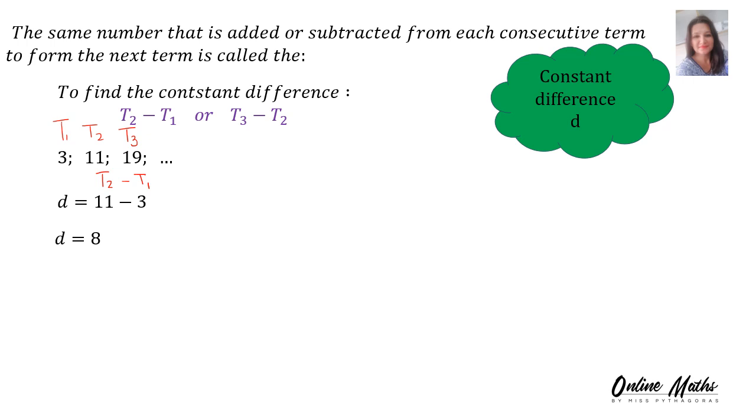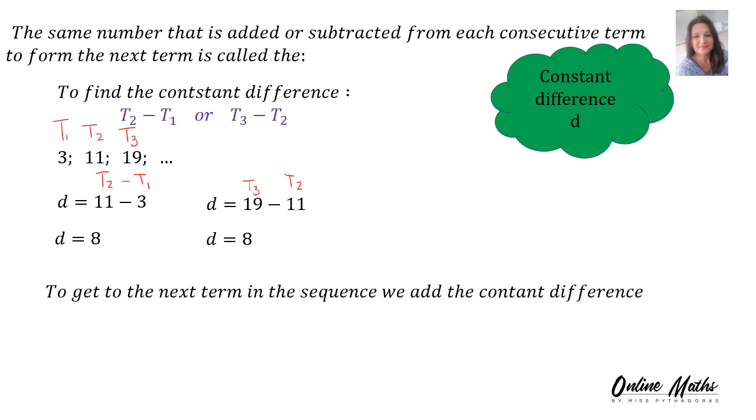So D, the constant difference, is 8. Let's work it out with the other formula, T3 minus T2. Term 3 is 19 minus 11 is 8.